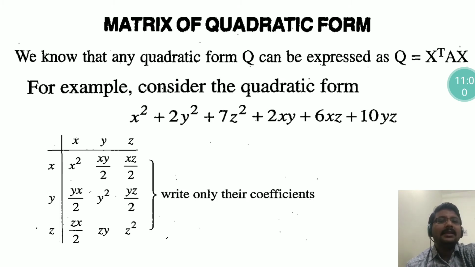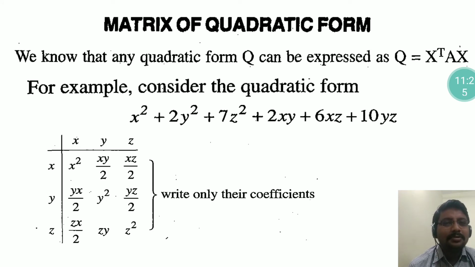Now we can clearly write the symmetric matrix A: write a row as x y z, a column as x y z, and fill in the coefficients of the given quadratic expression: x square coefficient, xy by 2, xz by 2.